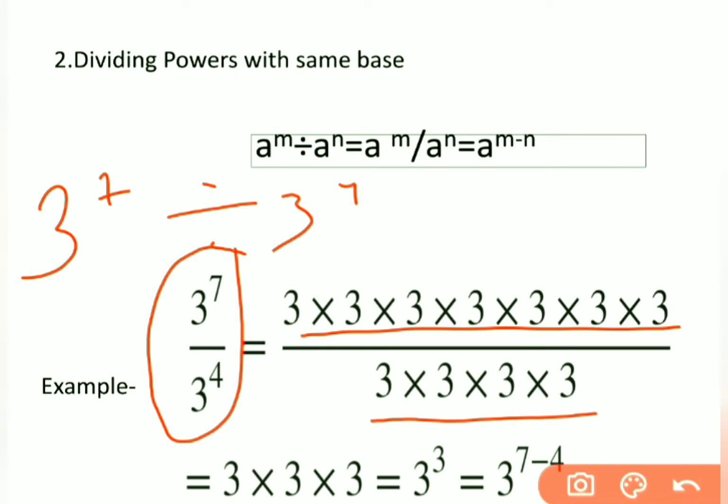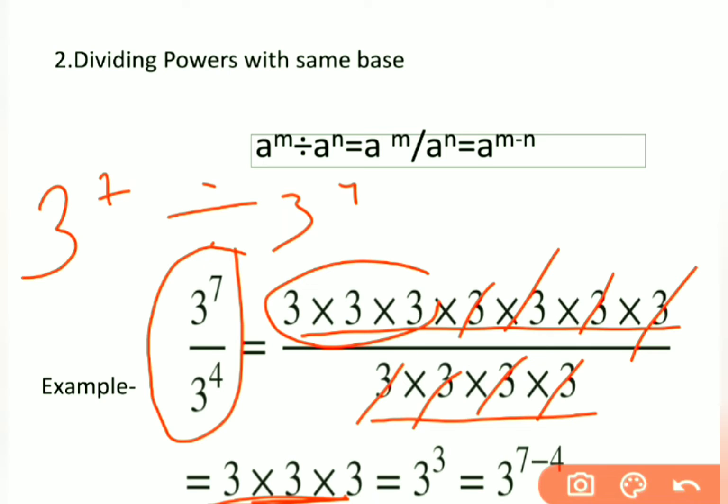So cancel out numerator and denominator, and you will see on the screen that 3 threes remain. So 3 is multiplied by itself 3 times, we get 3 raised to the power 3. You will see that the base remains the same, and the exponent is 3, which is the result of the subtraction of 7 and 4.